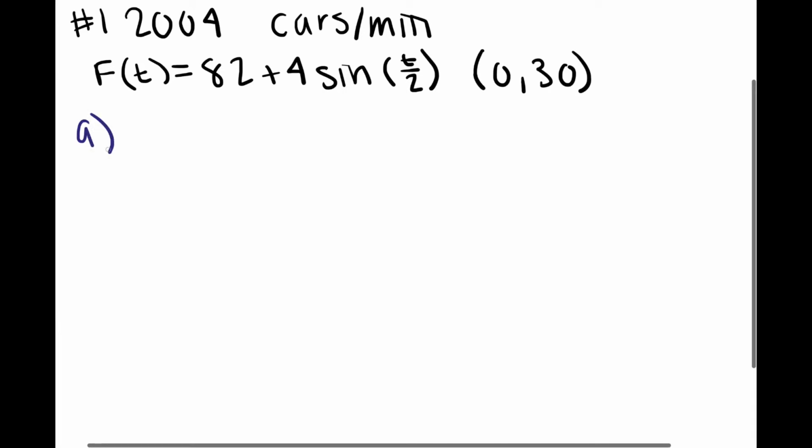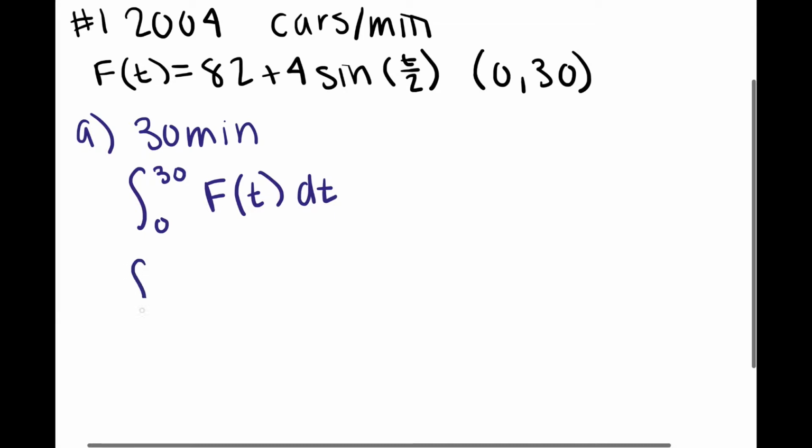Part A, it asks to find how many cars pass through the intersection over a 30-minute period. So to find the total amount of cars, you have to take the integral from 0 to 30 of f of t.